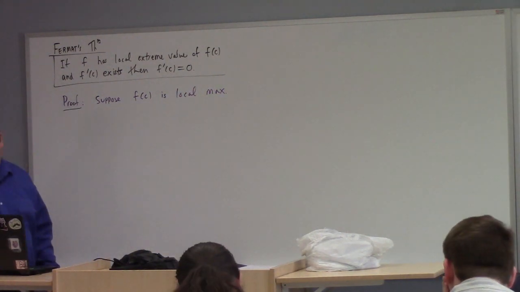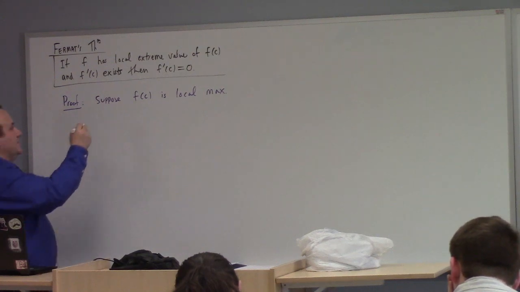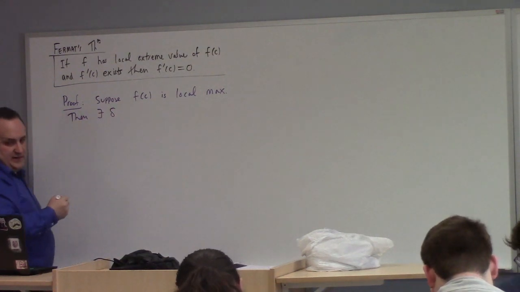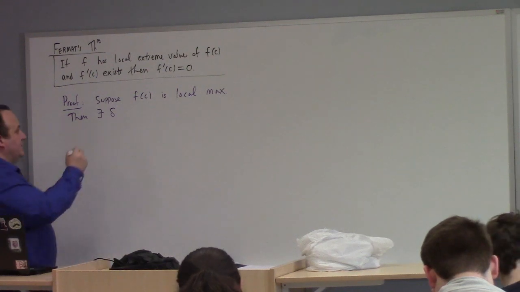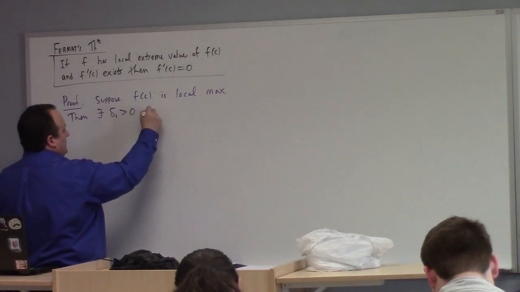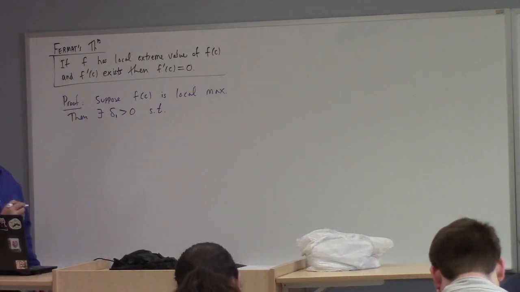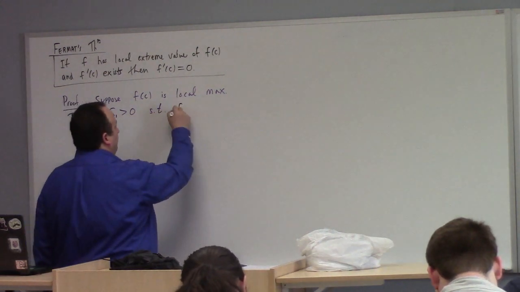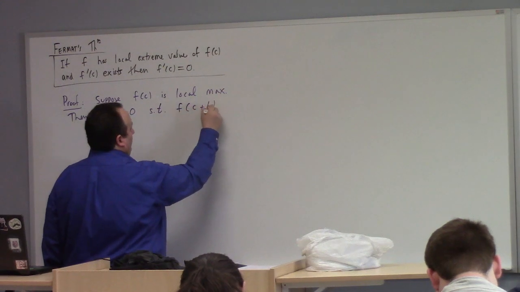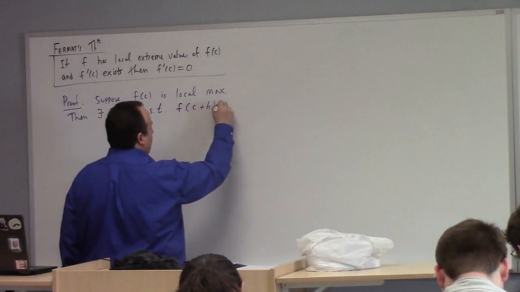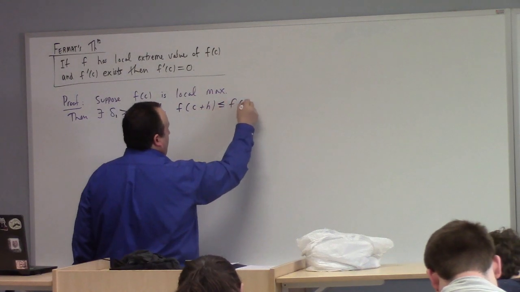What that means is there exists a delta, let's say delta 1 greater than 0, such that f of c plus h is less than or equal to f of c, right?